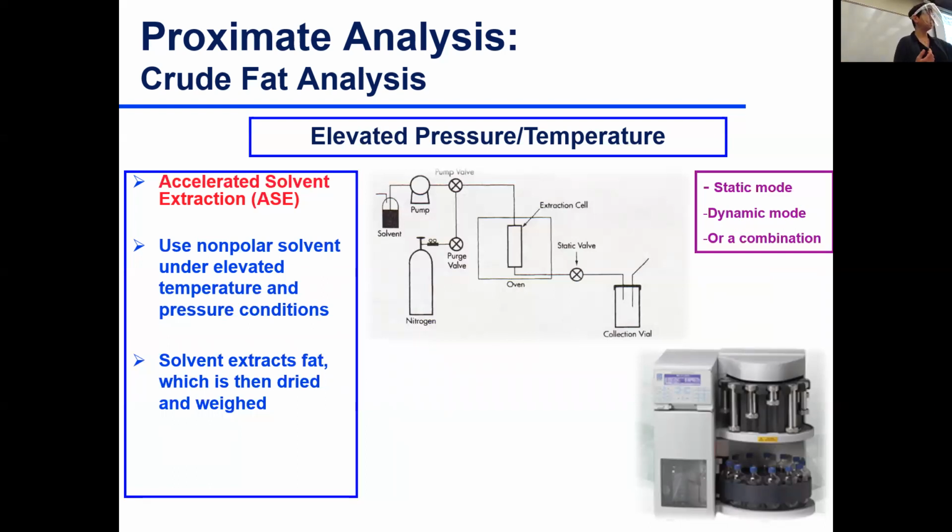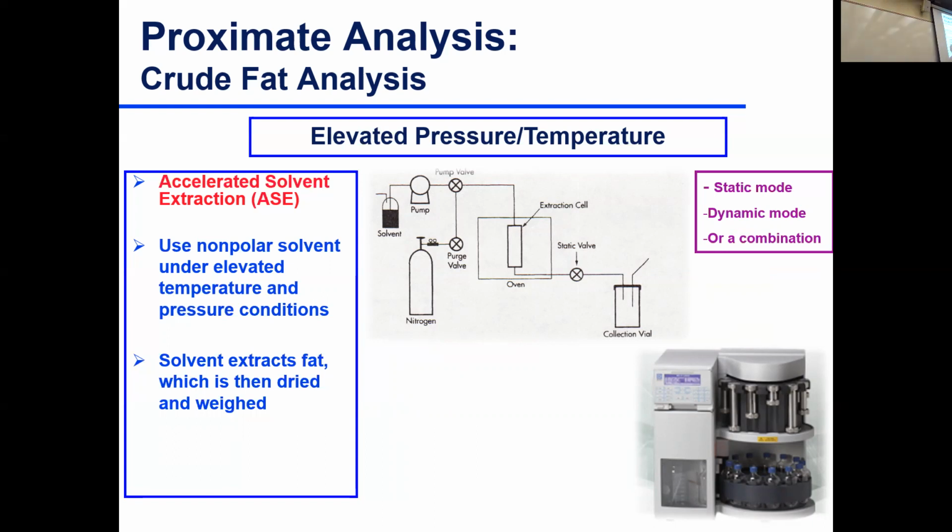By increasing the boiling point of the solvent, you enhance the efficiency of extraction at higher temperatures. So instead of having the solvent evaporate very quickly, it stays with the sample, and the higher temperature helps with better extraction due to kinetic energy and helps with movement or solubilization of the fat.